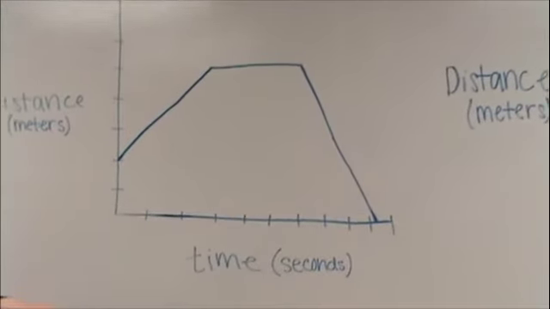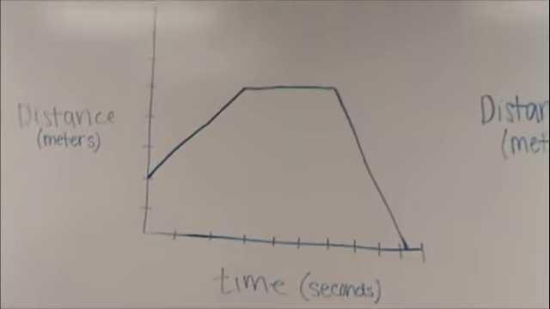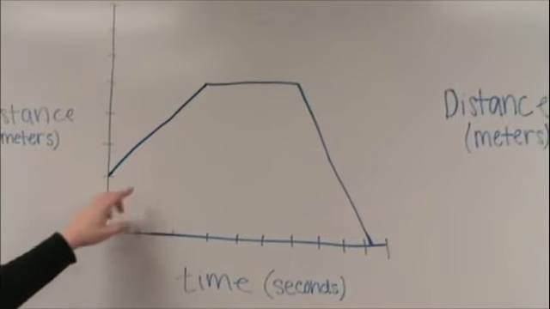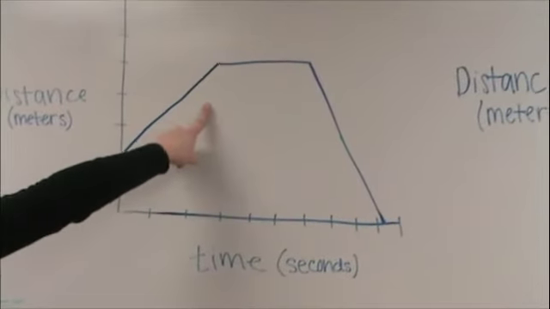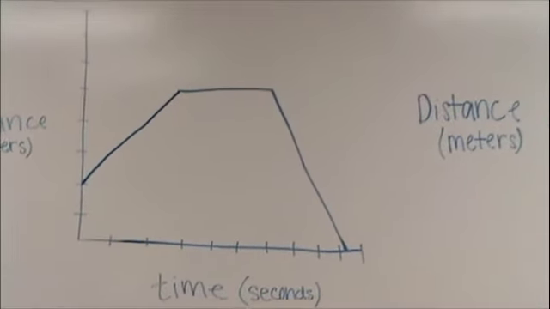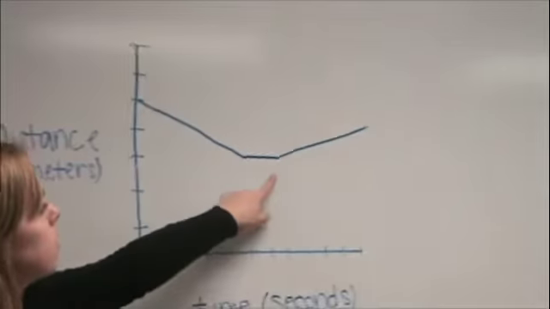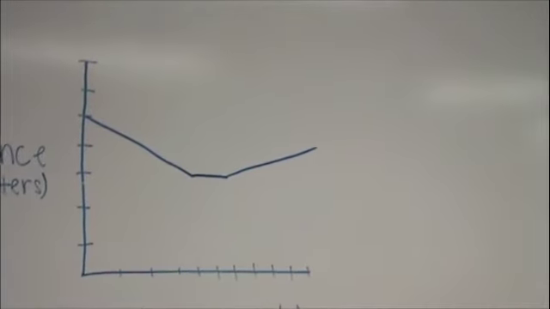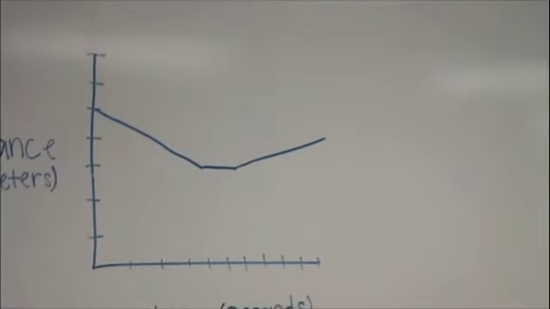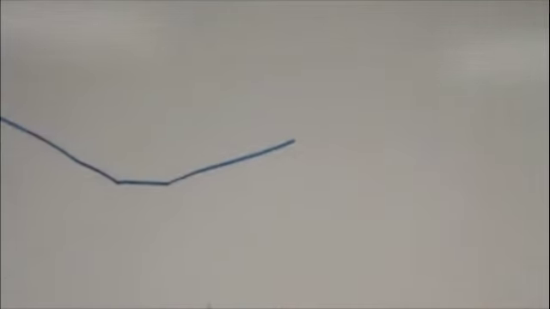We can also have different slopes. Some graphs will be steeper than others. In this graph, we have a fairly steep positive slope. However, in this graph, the slope is increasing slower.